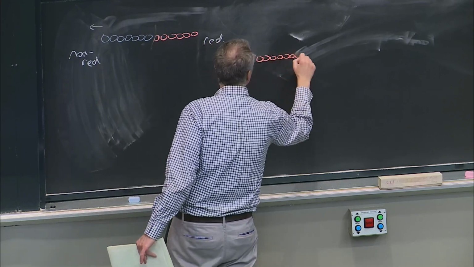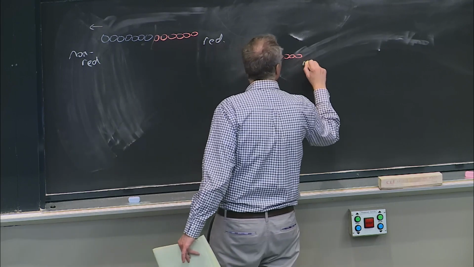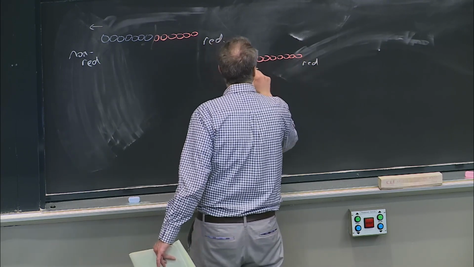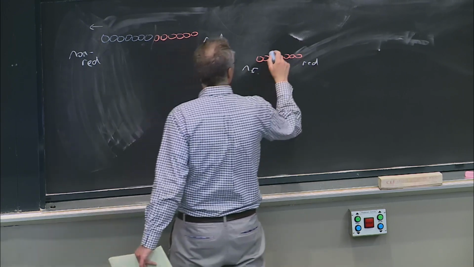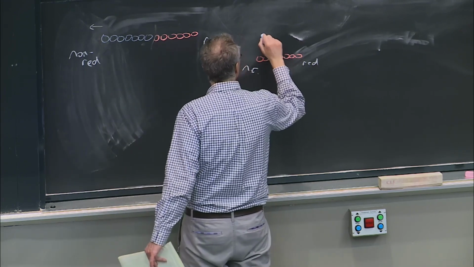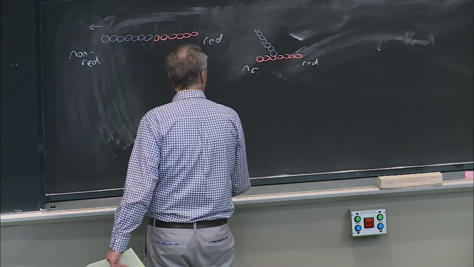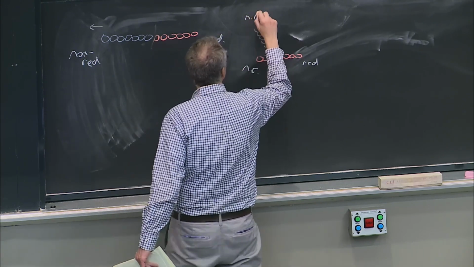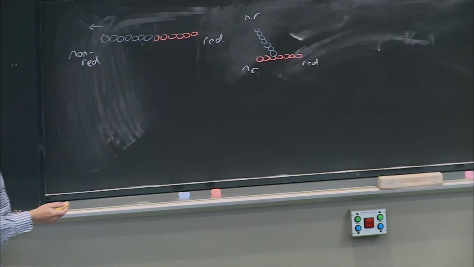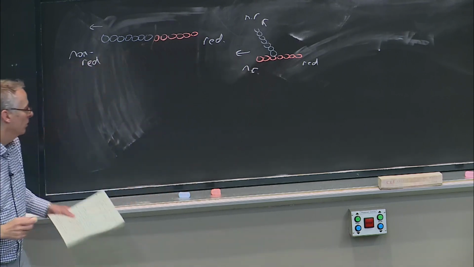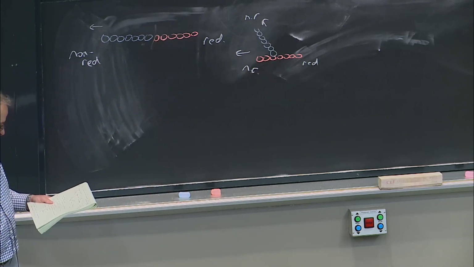Okay. Here we go. We have our reducing and our non-reducing end, and basically transfers these 7 units over, and now we have 2 non-reducing ends that we can continue to grow the polymer from.